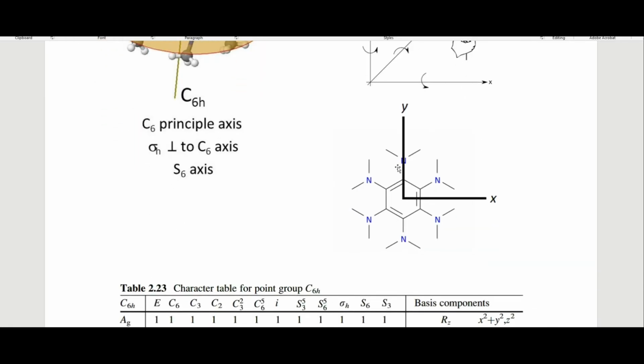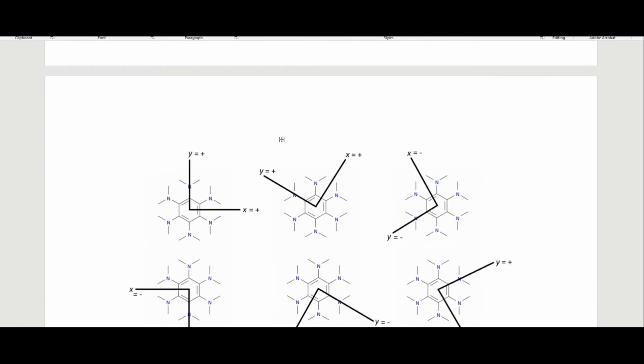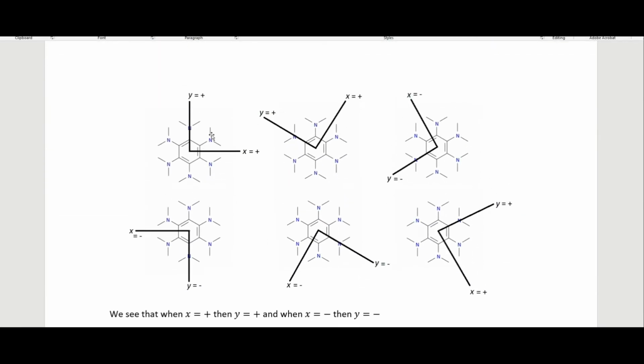So we can put our coordinates like this. We're looking down the z-axis, with x going this way and y going that way. If we do these C6 rotations, we start here, and do a C6, C6, C6, C6, C6, where 2 C6s is the same as a C3, and 3 C6s is the same as a C2.